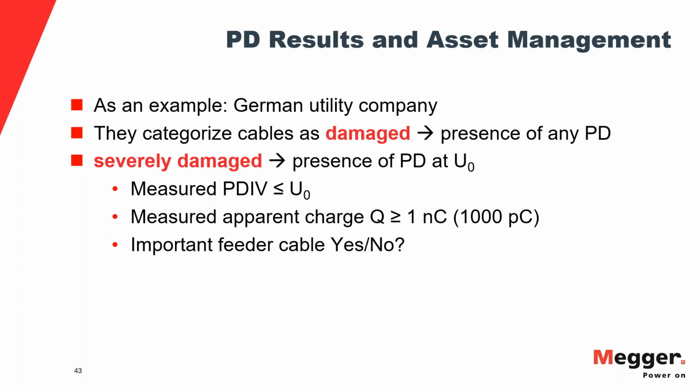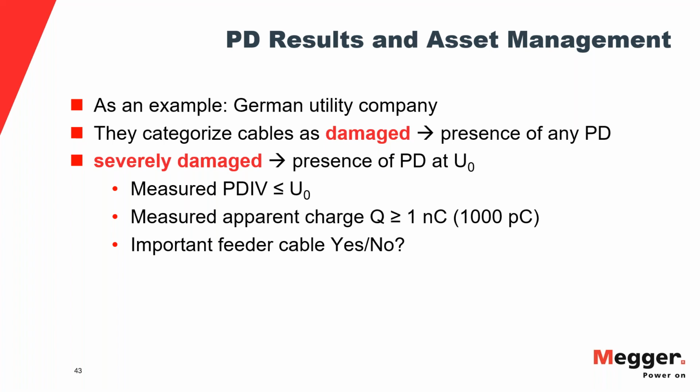So what they have is a decision-making matrix, an asset management matrix. And what they do is they say, we have to categorize the cables for the testing, right? And this is a company that is doing 1,500, 1,600 tests a year, okay?